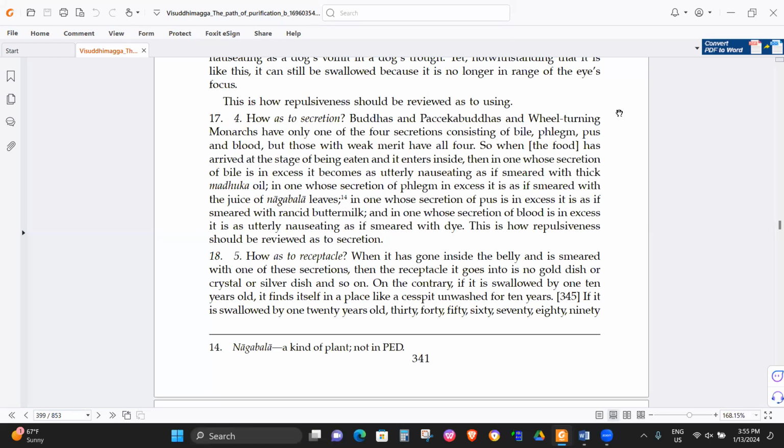In one whose secretion of phlegm is in excess, it is as if smeared with the juice of nagabala leaves. In one whose secretion of pus is in excess, it is as if smeared with rancid buttermilk. And in one whose secretion of blood is in excess, it is as utterly nauseating as if smeared with dye. This is how repulsiveness should be revealed as to secretion.